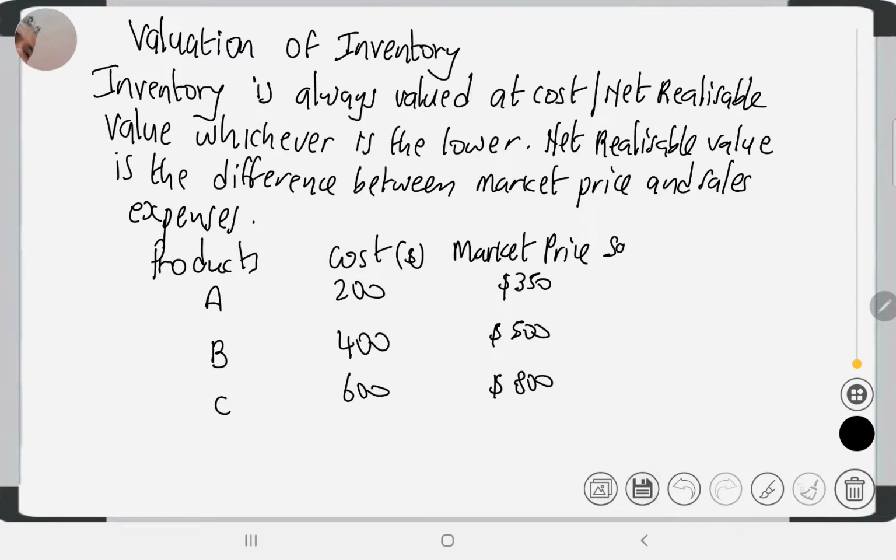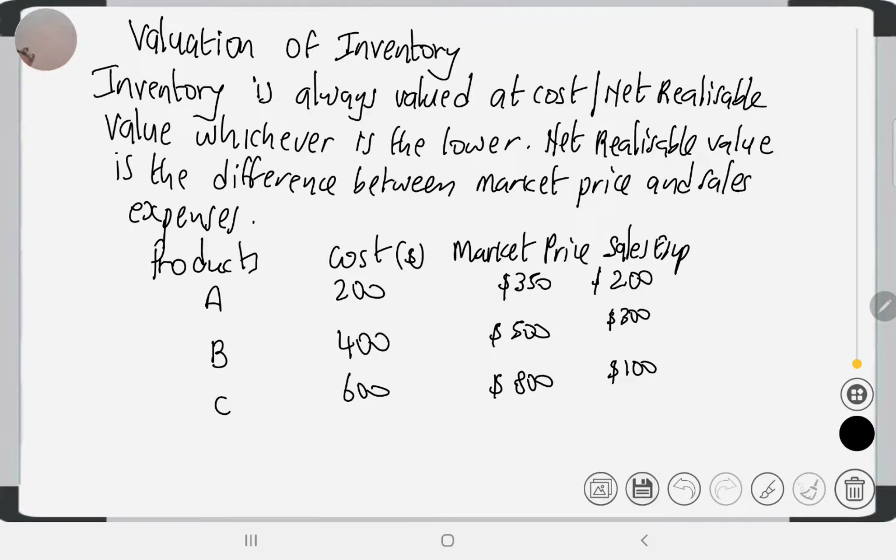Now we have sales expenses. Part of the inventory is damaged, so we have to incur some expenses, let's say $200. Here also we will have to incur some expenses in order to sell product B, and here we have to incur some expenses, let's say 100.